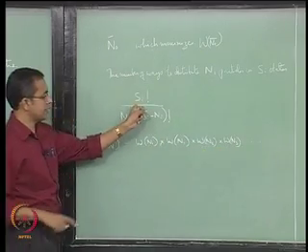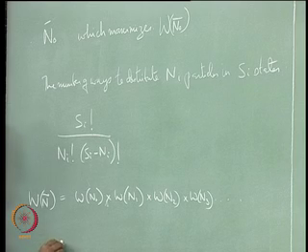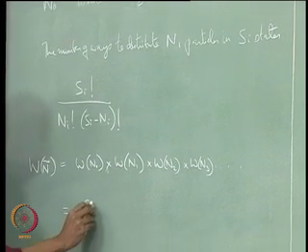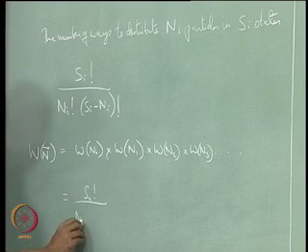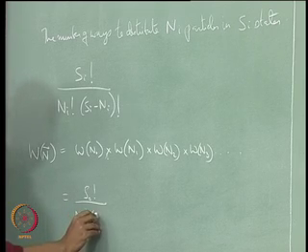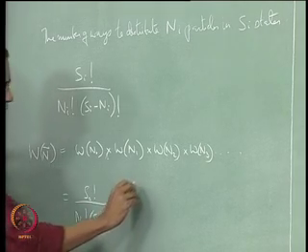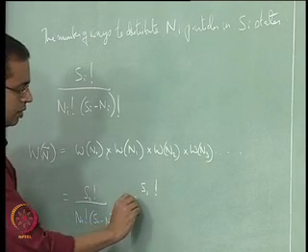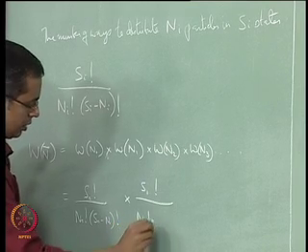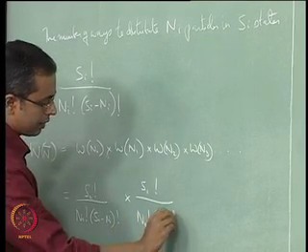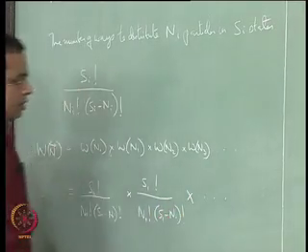Each of these terms will look like Si factorial by Ni factorial times Si minus Ni factorial. So just write it down: S0 factorial by n0 factorial times S0 minus n0 factorial, times S1 factorial by n1 factorial times S1 minus n1 factorial. So you have such terms.